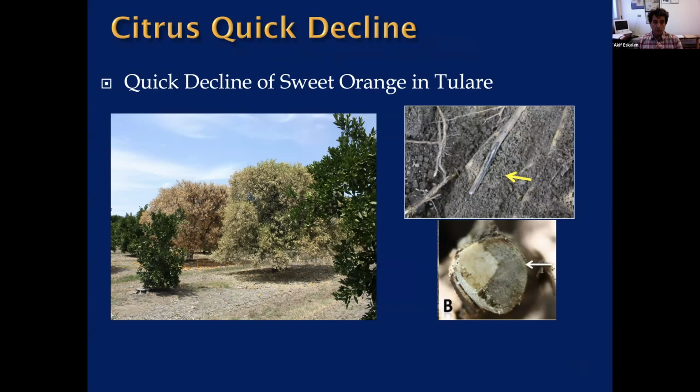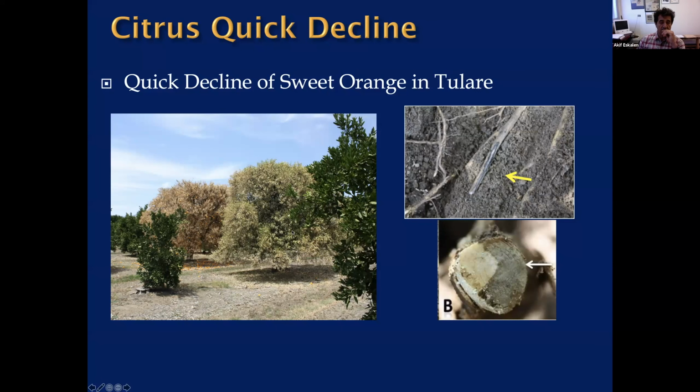I also would like to talk to you about citrus quick decline. As I mentioned earlier, this is also part of the dry root rot complex. A few years ago, during one of the hot summers in the Central Valley, in the Tulare area, we got a call from farmers that their citrus trees were dying within a couple of days, as you can see from the one on the left.